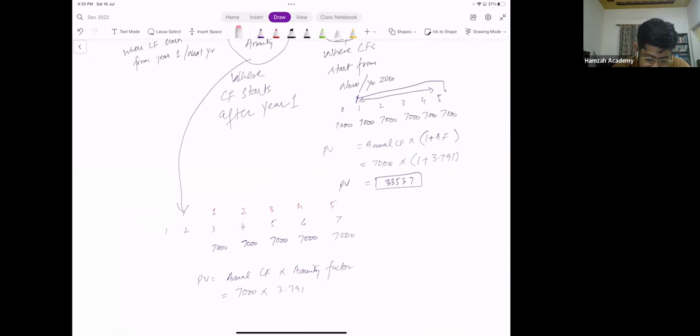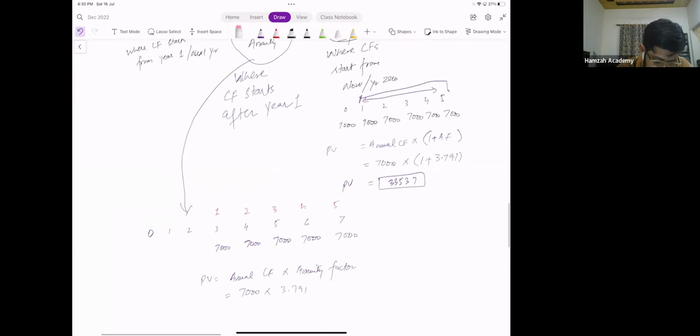But the point is, this is not year 1 and this is not year 0. Whatever answer we will get, that will fall here, which is year 2, 1 year back.